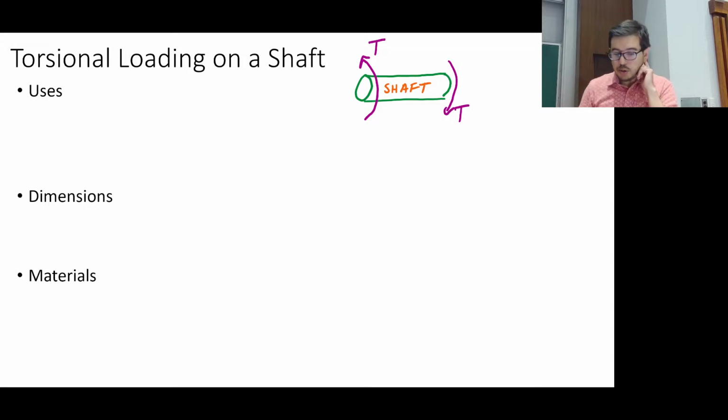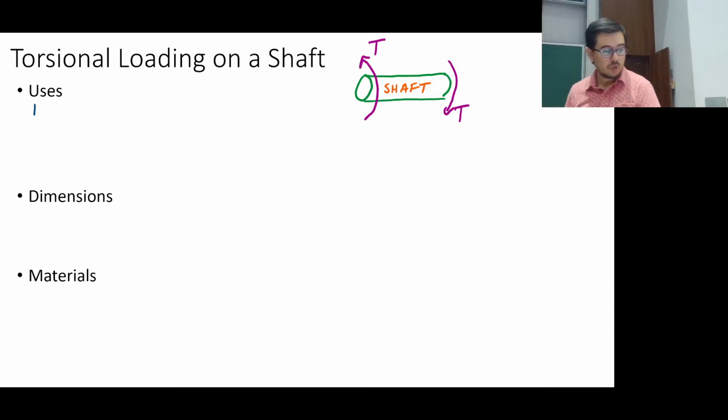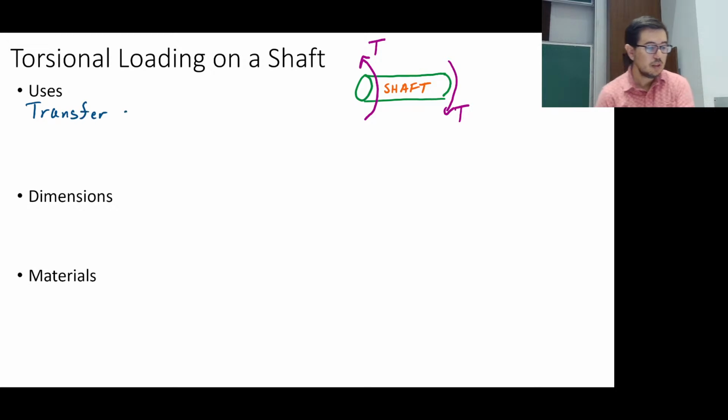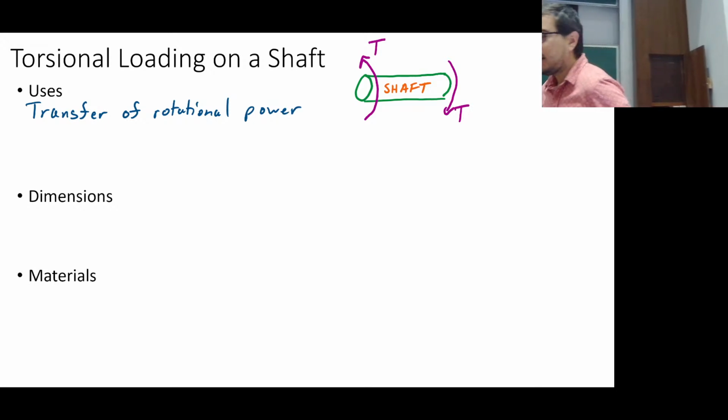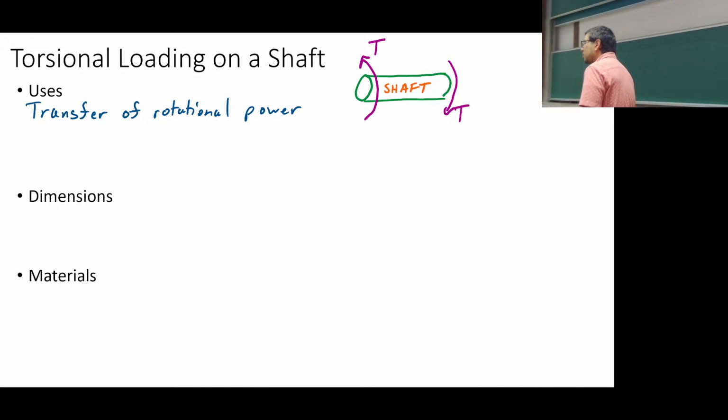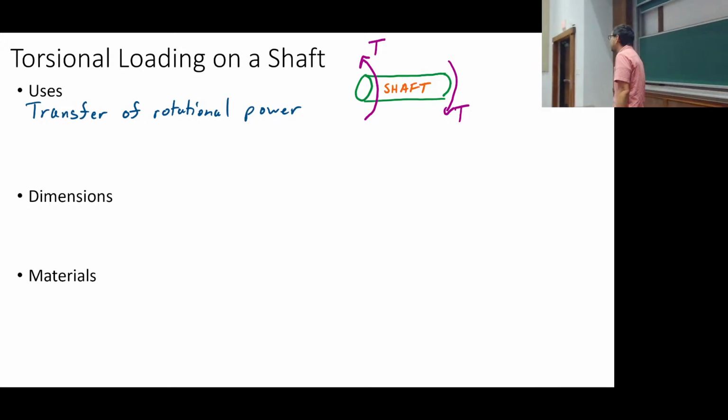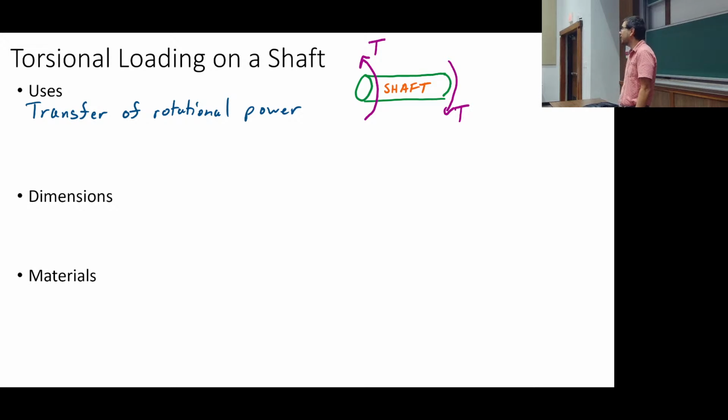All right, so torsion on shafts. Anyone think of places where you use shafts to transmit power? Yeah, I mean, you got to do something to get from the blades to some type of generator, some type of electromagnetic system, right?